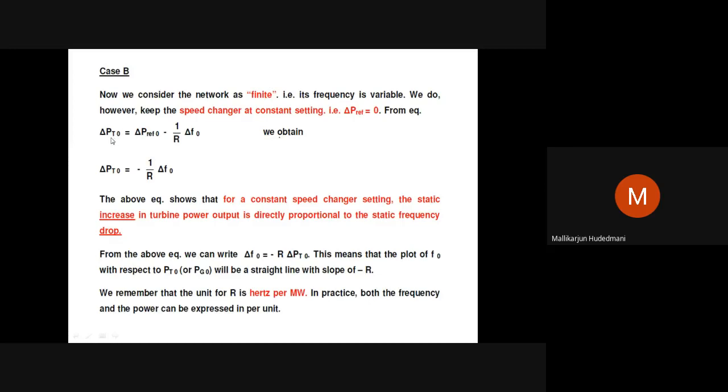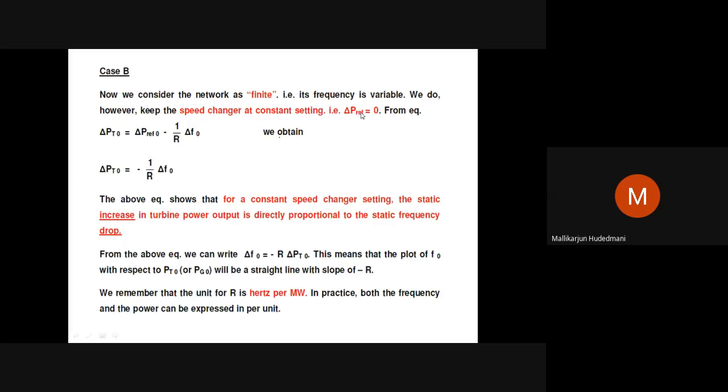The turbine has to either accelerate or decelerate, such an action is to be at the turbine. When we have a finite network, the turbine needs to compensate for the required drop in frequency or RPM. A suitable supplement needs to be demanded. What is that supplement? It is delta PT, an infinitesimally small shift in power demanded by the turbine for a certain operation, with P reference 0, constant setting. You are not modifying the P reference.